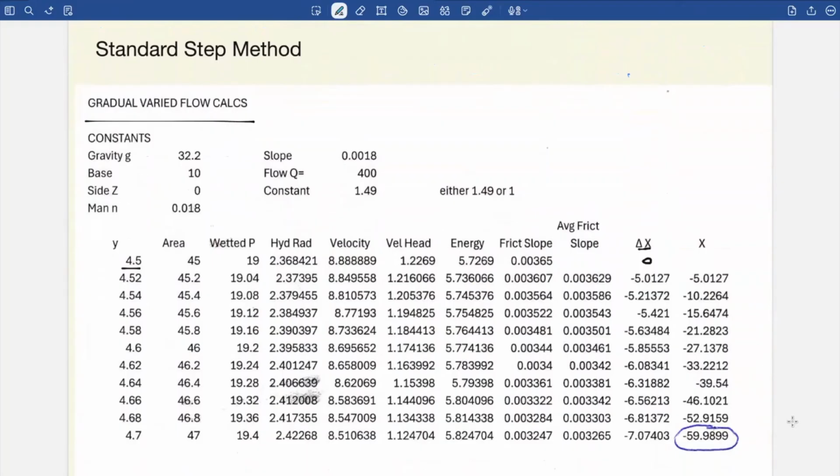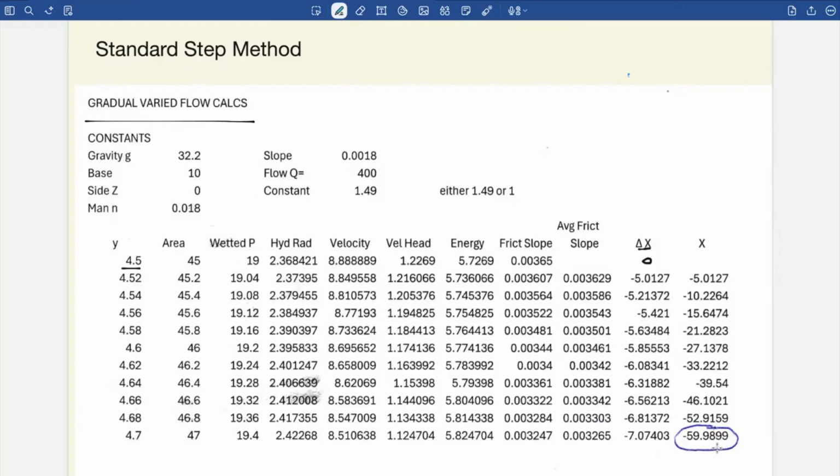We march from the depth y of 4.5 to 4.7 in small steps of 0.02 feet, computing delta x at each increment and summing them up, and the result from the spreadsheet table gives us a total distance of about minus 60 feet upstream.